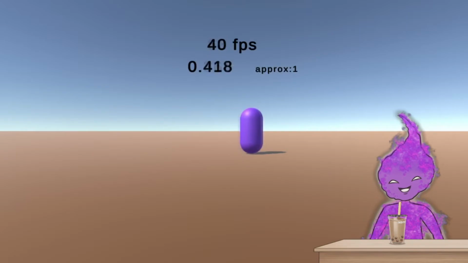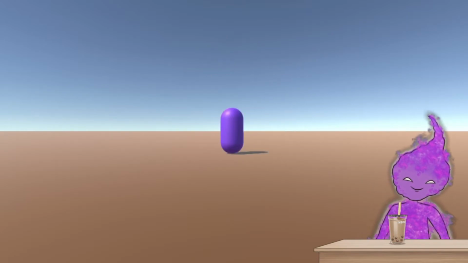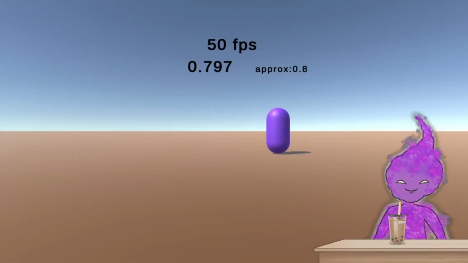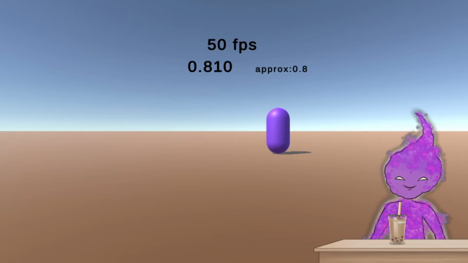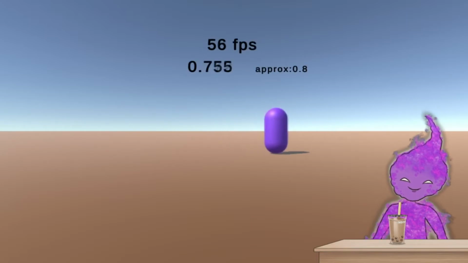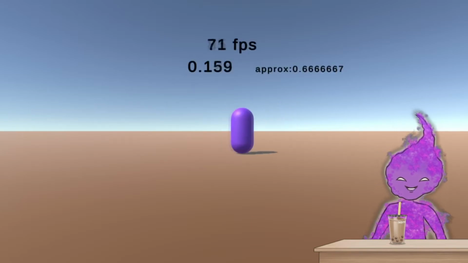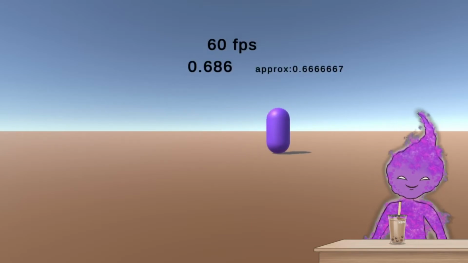But the problem is, if our frame rate is 40 frames per second, then it will arrive in 1 second. If our frame rate is 50 frames per second, then it will arrive faster in 0.8 seconds. If our frame rate is 60 frames per second, then it will arrive even faster in 0.667 seconds.